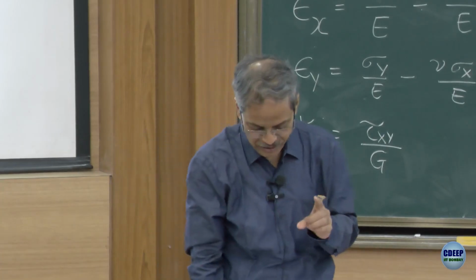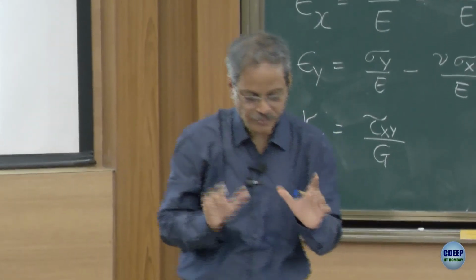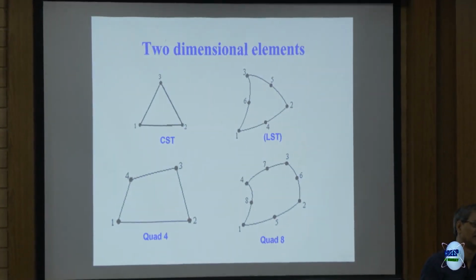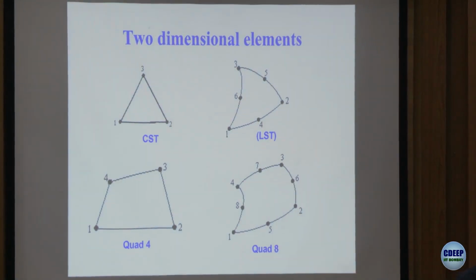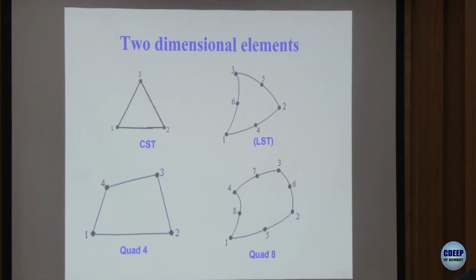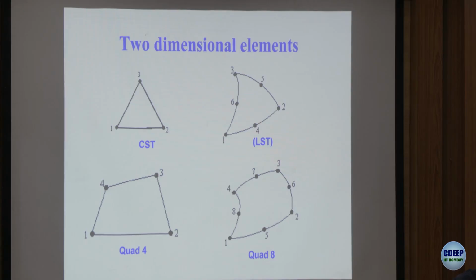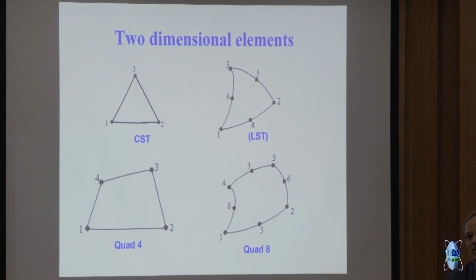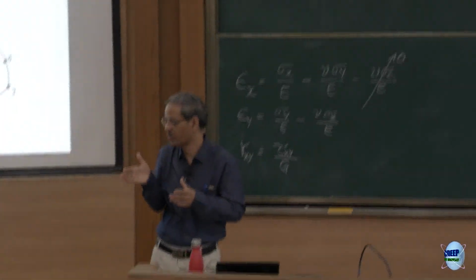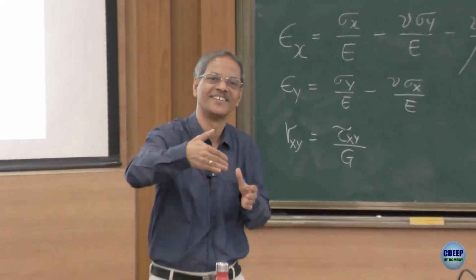So you have to introduce curvature into your elements. It is not sufficient if you have just straight-edged elements. You have to bring in curved elements. Now, but how much curvature can you put in? Somebody may put an elliptical hole, somebody may put a circular hole, or somebody may put a corner like this.